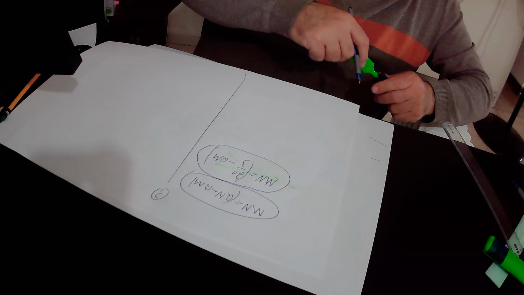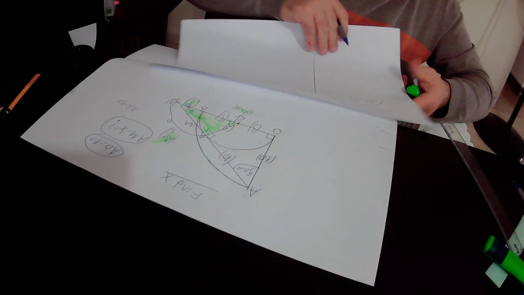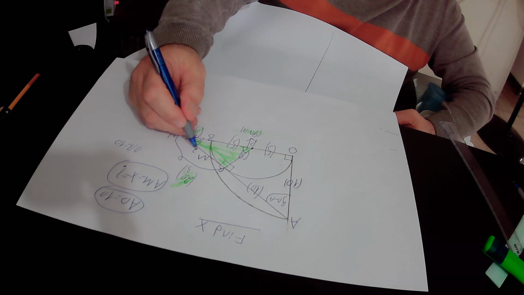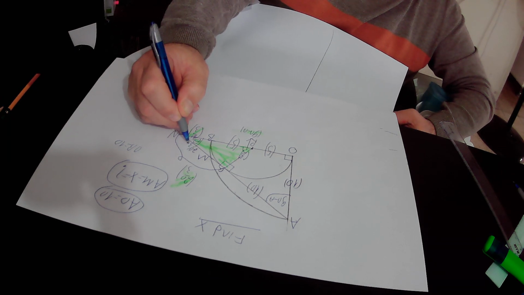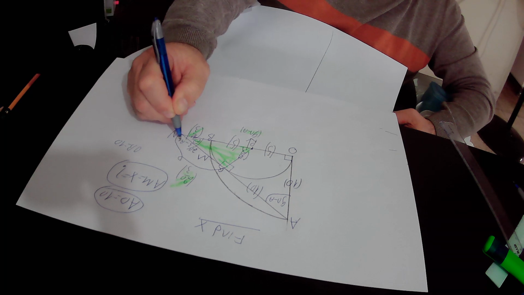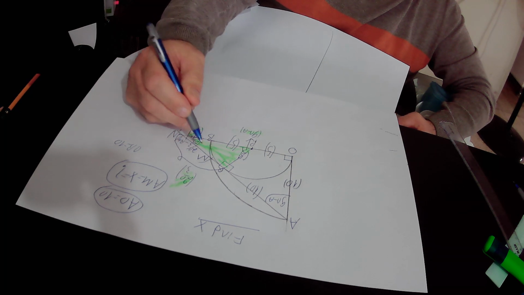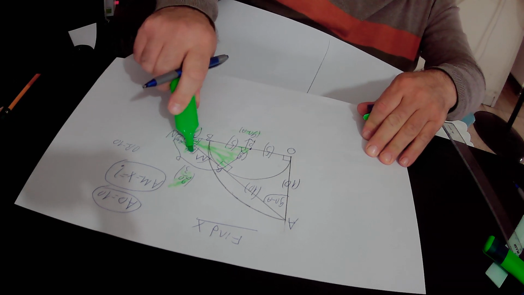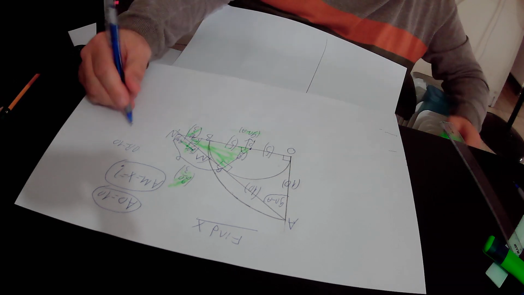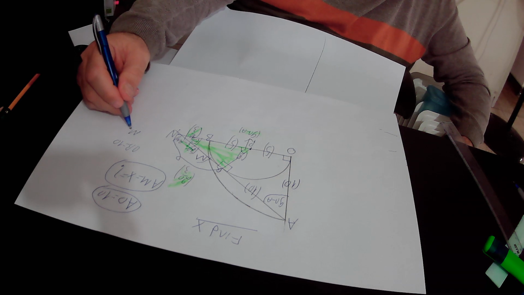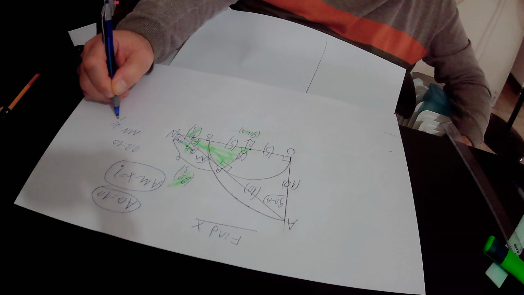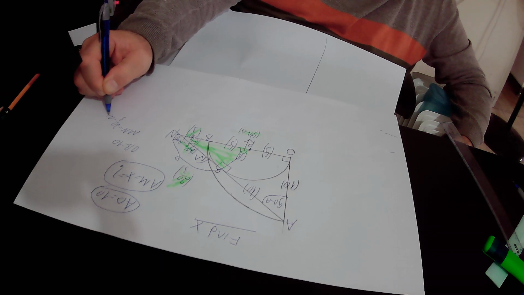So I can write down in the original drawing that this line segment Mn equals 20 over 3 minus Qn.